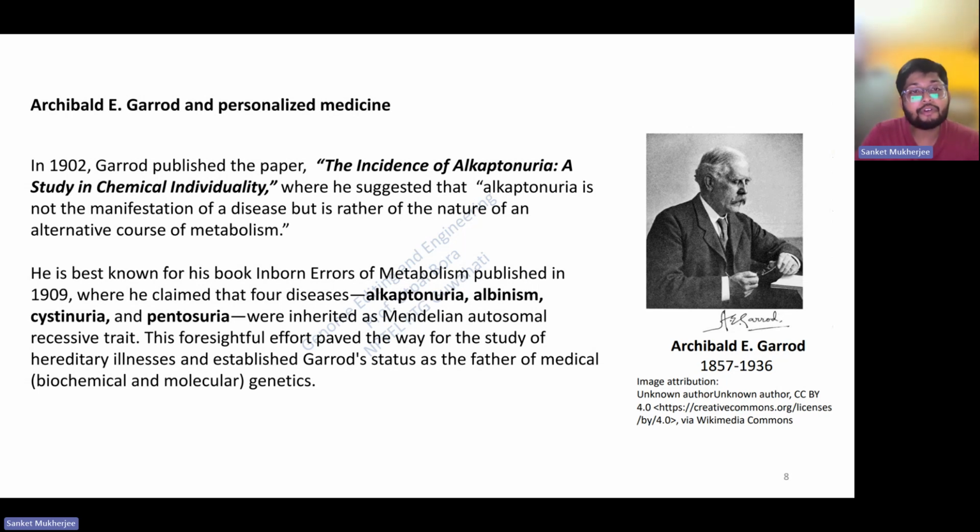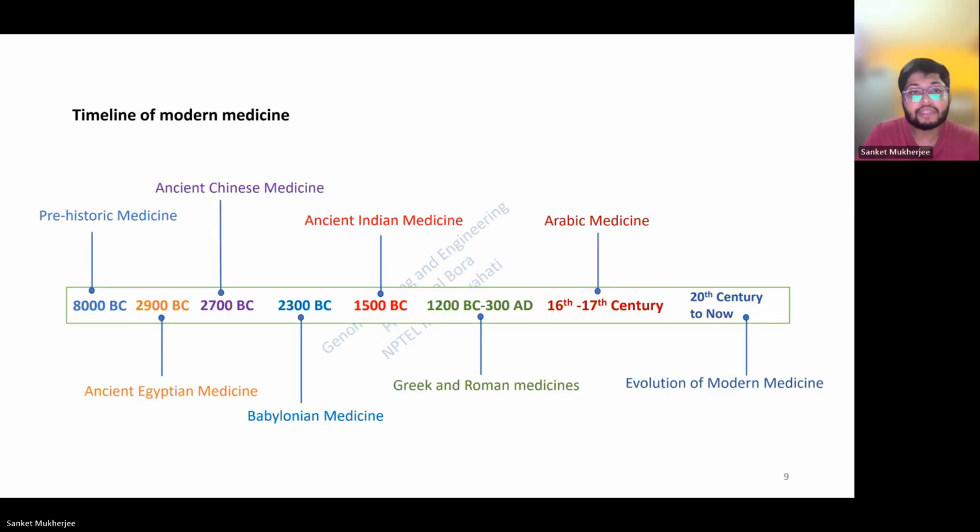He is best known for his book, Inborn Errors of Metabolism, published in 1909, where he claimed that four diseases, alkaptonuria, albinism, cystinuria, and pentosuria, were inherited as Mendelian autosomal recessive traits. This foresightful effort paved the way for the study of hereditary illness and established Garrod's status as the father of medical genetics.